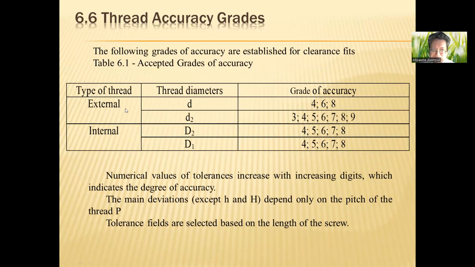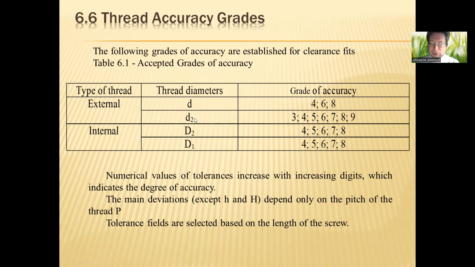For external thread, on diameter d, for grade of accuracy we use 4, 6, and 8. On the middle diameter or average diameter, d suffix 2, we use 3, 4, 5, 6, 7, 8, 9 grades of accuracy.